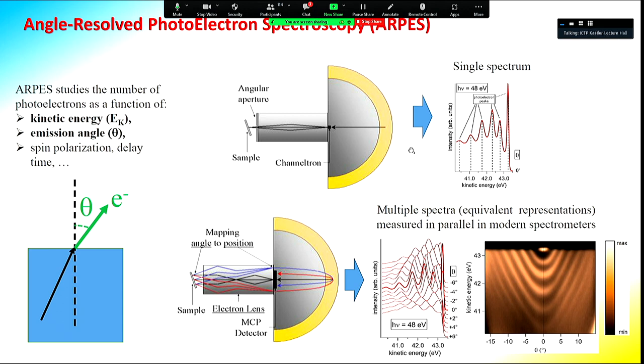In modern analyzers, you can take several angles in parallel on the detector. You can take several hundred channels at the same time, always saving the same kind of spectra. You will have some 600 spectra at the same time.